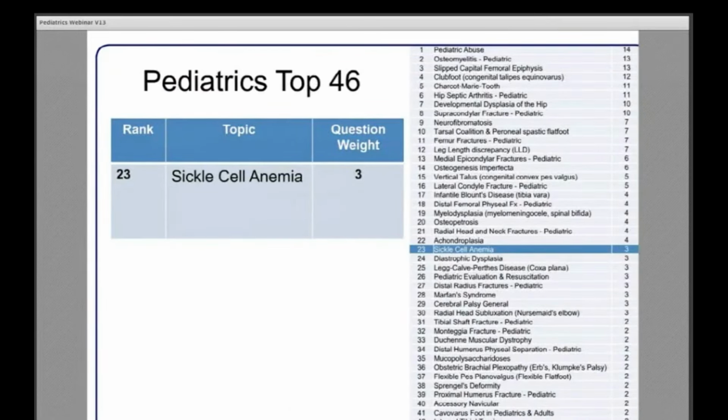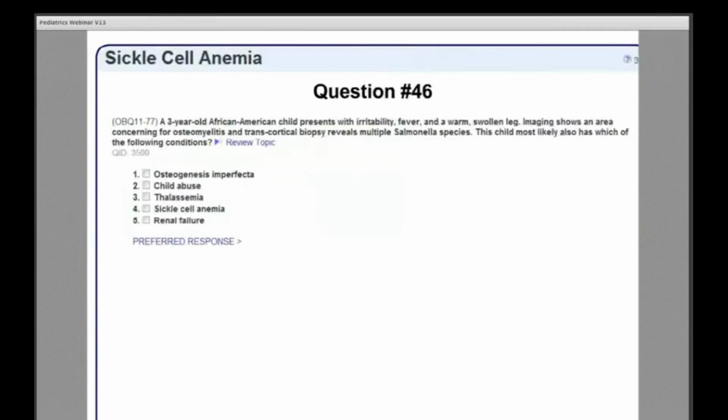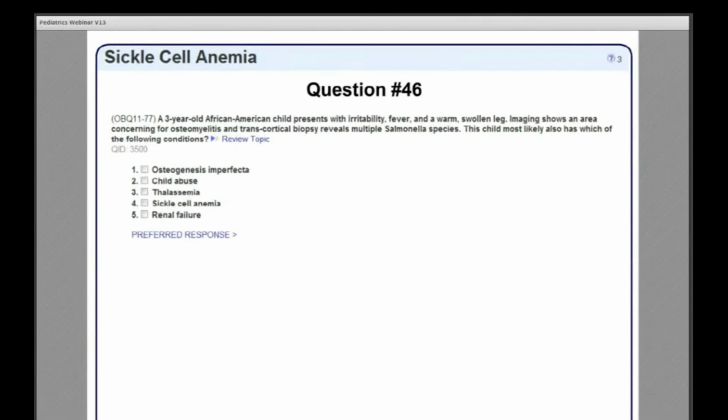The next topic is sickle cell anemia. A 3-year-old African American child presents with irritability, fever, and a warm swollen leg. Imaging shows an area concerning for osteomyelitis, and transcortical biopsy reveals multiple Salmonella species.